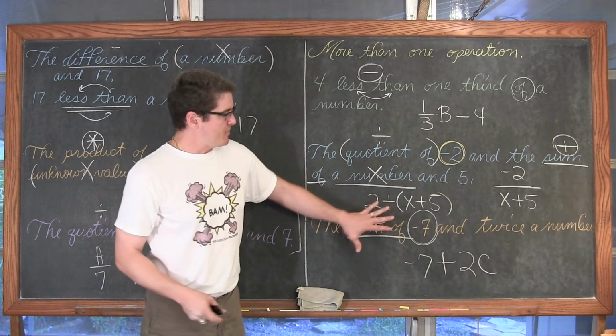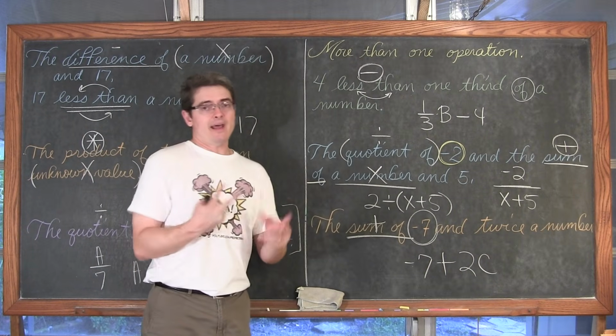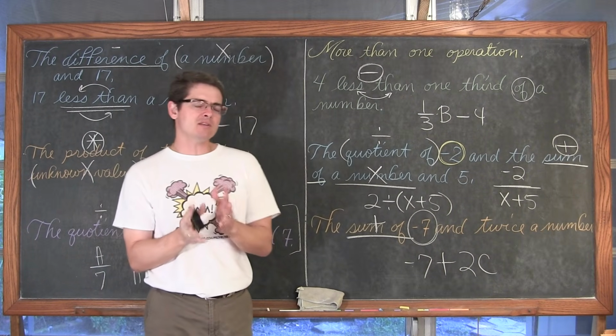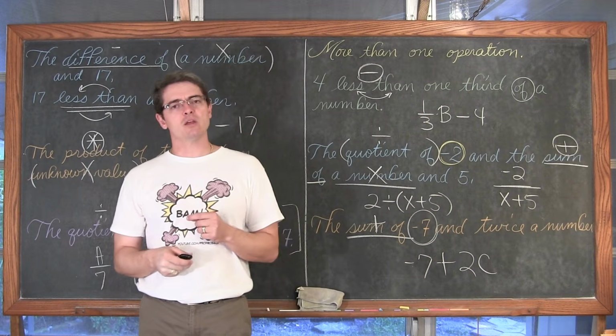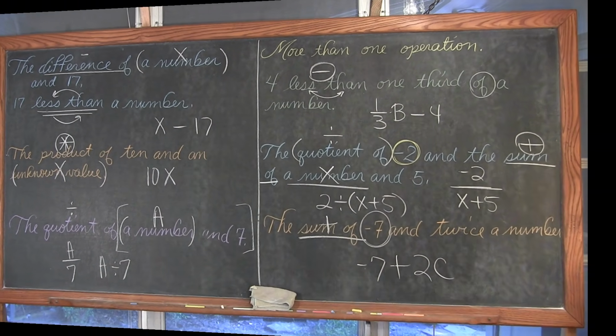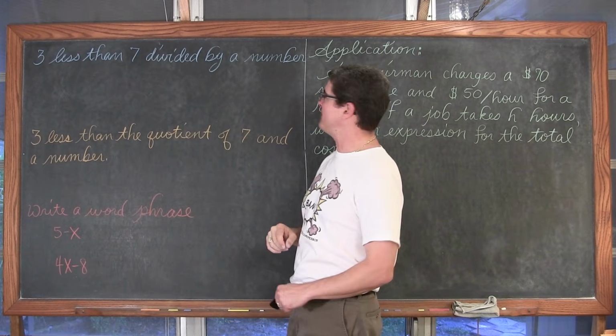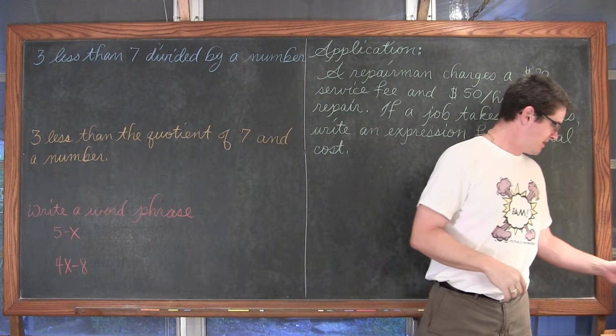We're going to look at another example here to begin the next board that involves some language that has 2 math operations in it, but it's not quite as clear what is the correct algebraic expression for that sentence. 3 less than 7 divided by a number.